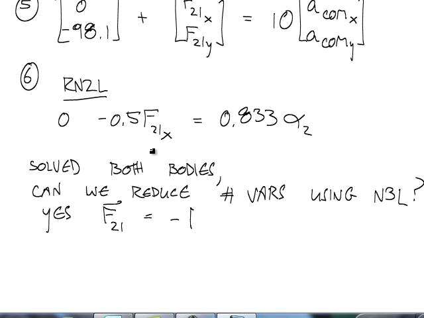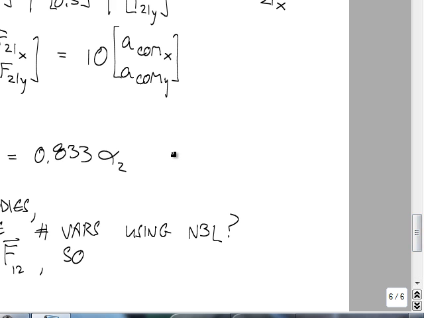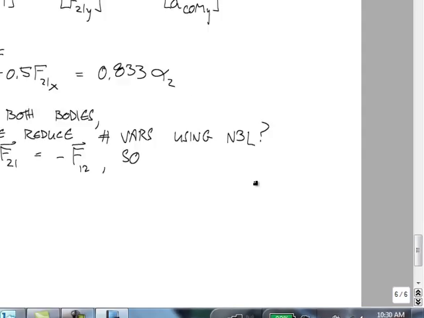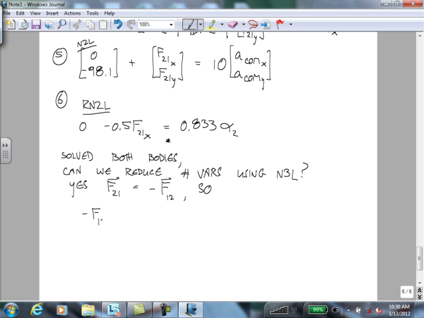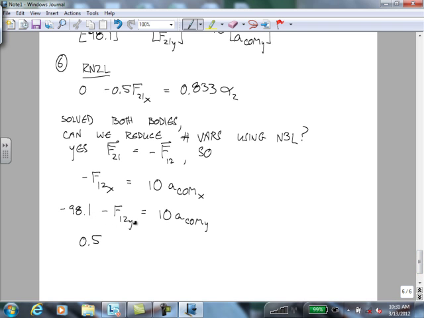So I can rewrite the equations in step 5 and 6 as negative F12x is equal to 10 a center of mass x, and negative 98.1 minus F12y is equal to 10 acceleration of the center of mass y, and then positive 0.5 F12x is equal to 0.833 alpha 2.